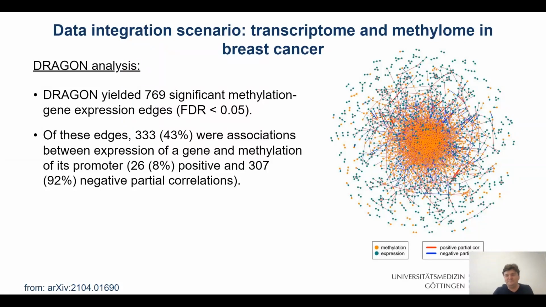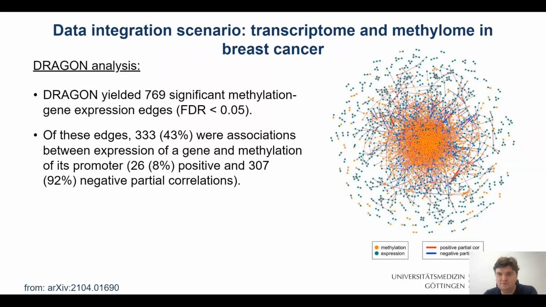So that really looks like we have revealed this process of repressing gene expression via promoter methylation. So far, that's a sanity check, let's call it like that. That's nothing particularly exciting. It just shows you a drawback of correlation-based analysis.